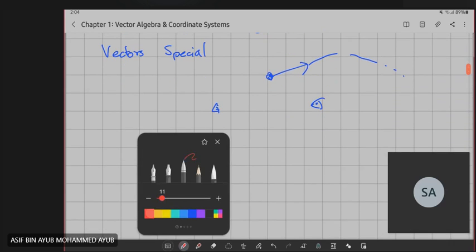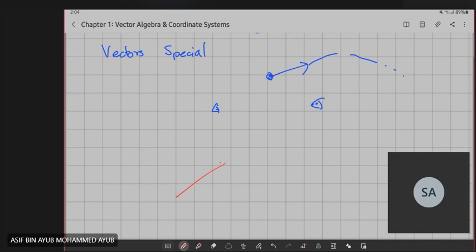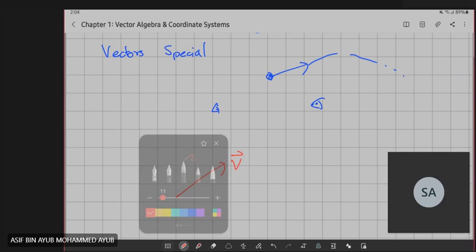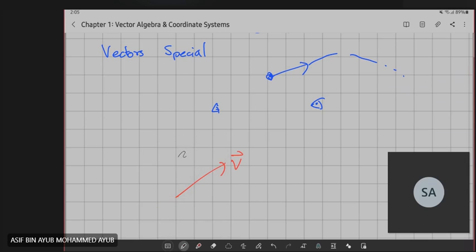So say you have a vector V like this. You can represent it in many ways. Traditionally, you'll consider a two-dimensional coordinate system like this, and you can say that this vector V has coordinates x and y. But this is not the only way you can look at this vector space.